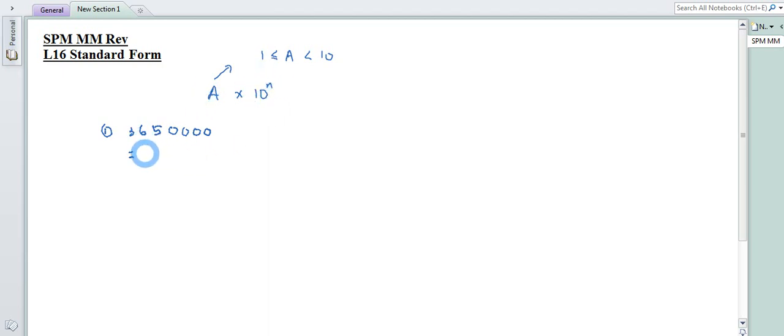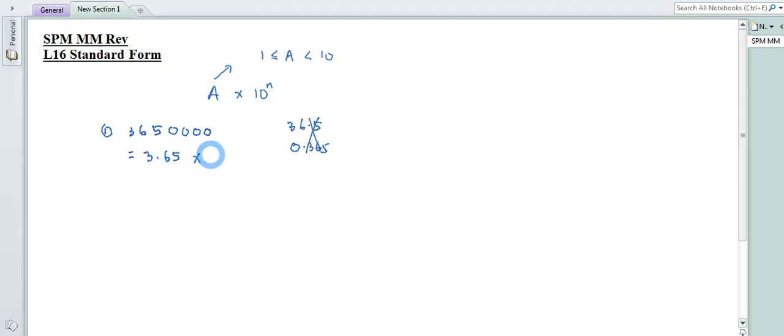Okay, so in this case, I have to put 3.65. Why I choose 3.65? Why not I write 36.5? Because 36.5 is out of this range. It's more than 10. And why not I write 0.365? Same thing, 0.365 is also out of this range. It's less than 1. So cannot. So I have to write 3.65.